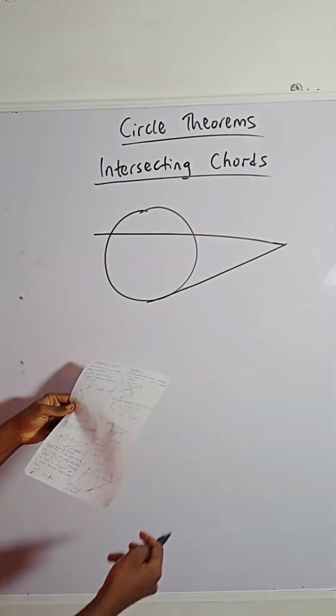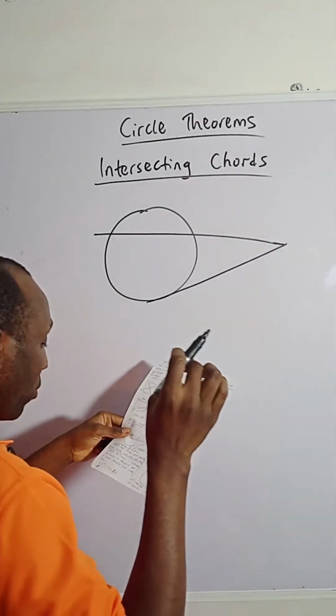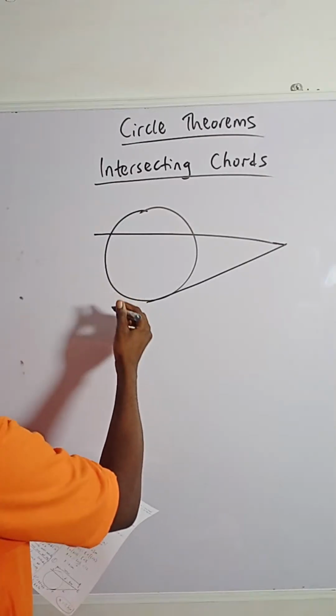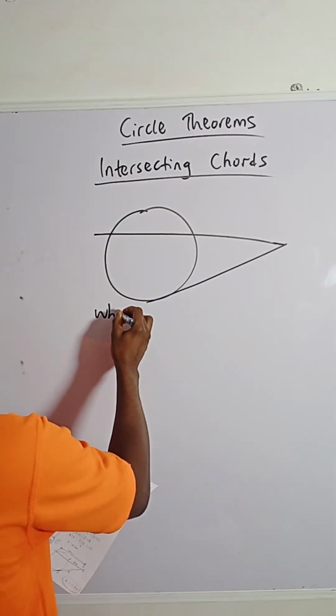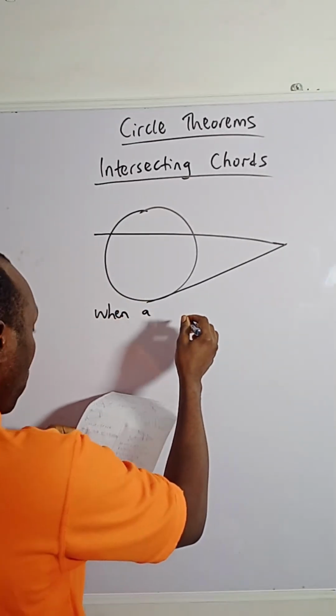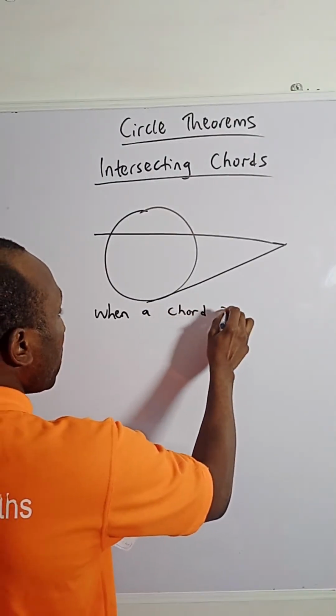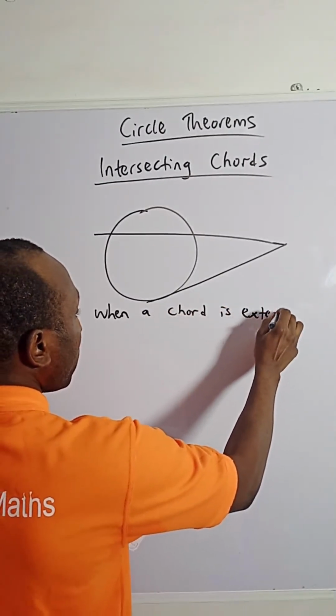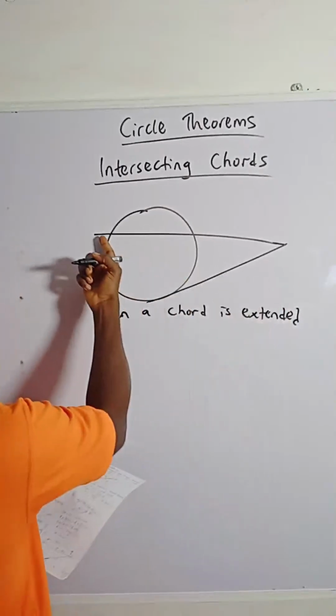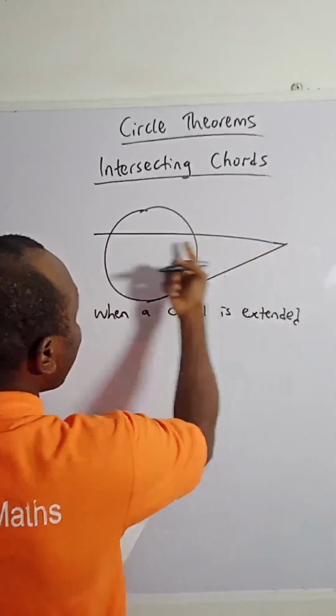I will have to write a note here so you can write it down as well and capture it. When a chord is extended, now when they say is extended, they are referring to this one that is now a secant, okay?